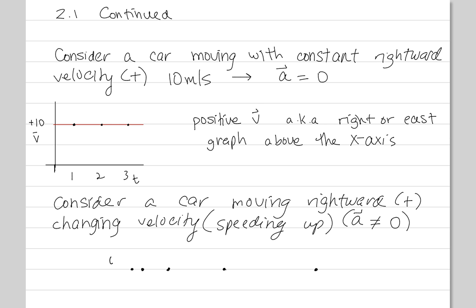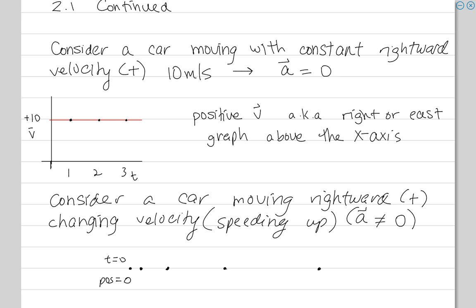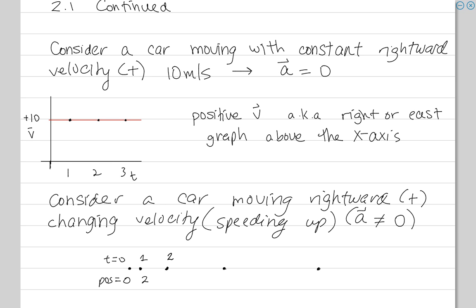So you can say here, at time 0, you have position 0. And I can zoom that in a bit. Here would be time 1, position, then we can just make up some numbers. This is 2. At time 2, this is 8.